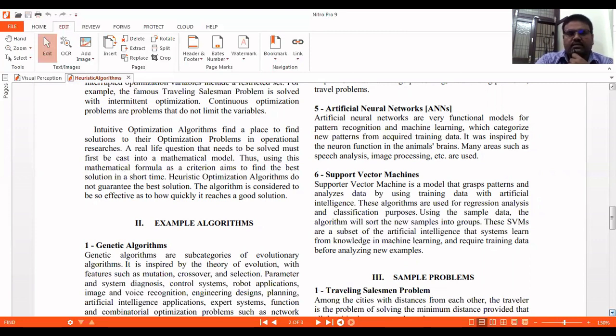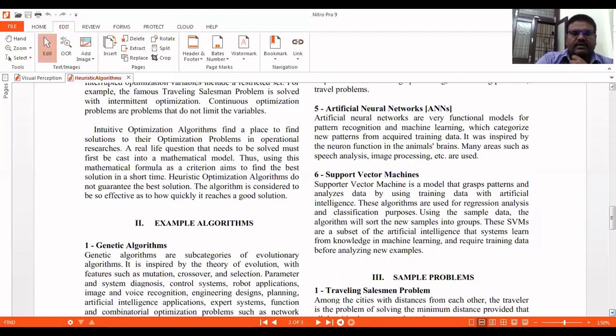First of all, a very well-known algorithm called genetic algorithms. Genetic algorithms are a subcategory of evolutionary algorithms. They are inspired by the theory of evolution, with features such as mutation, crossover, and selection. Applications include parameter and system diagnosis, control systems, robot applications, image and voice recognition, engineering design, planning, and artificial intelligence applications.